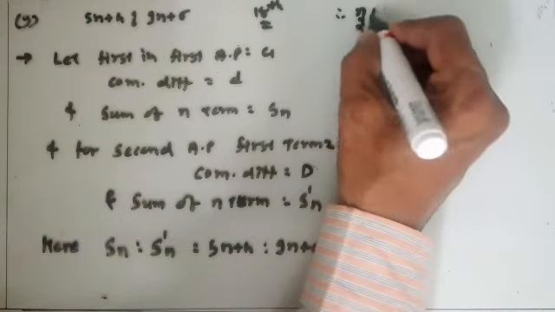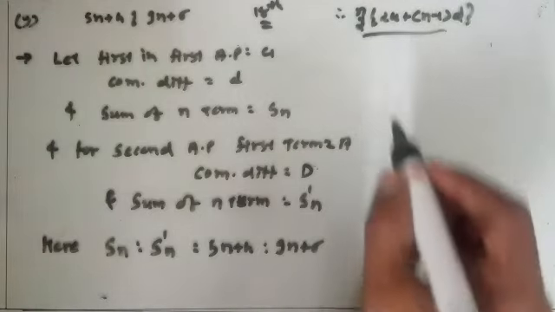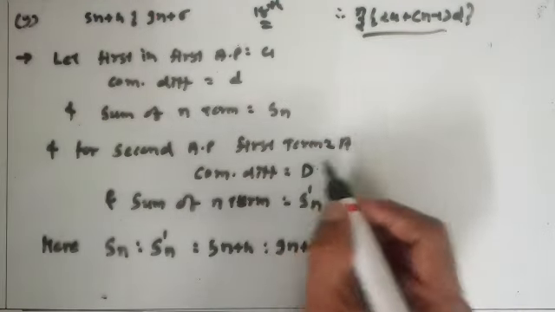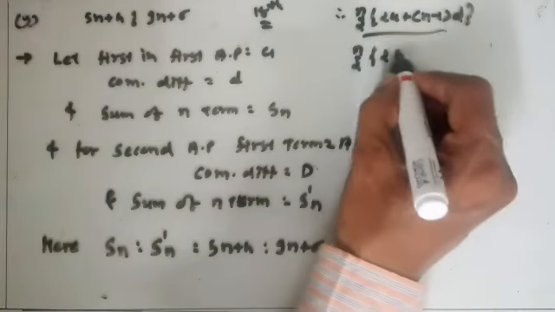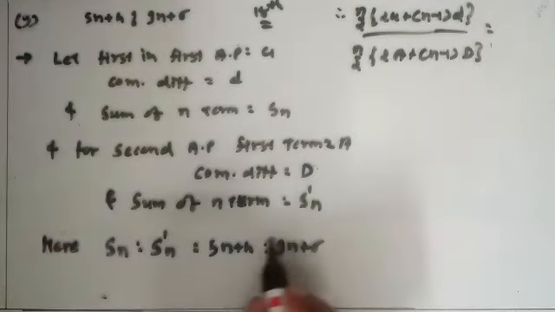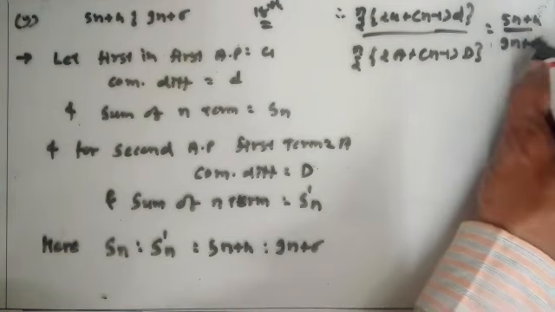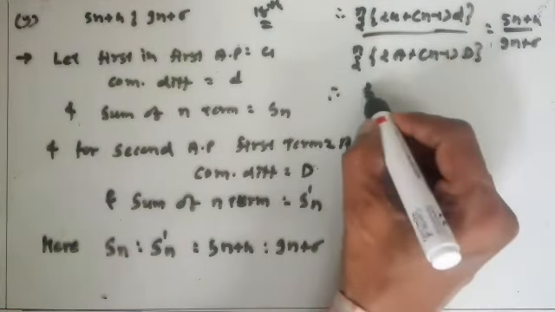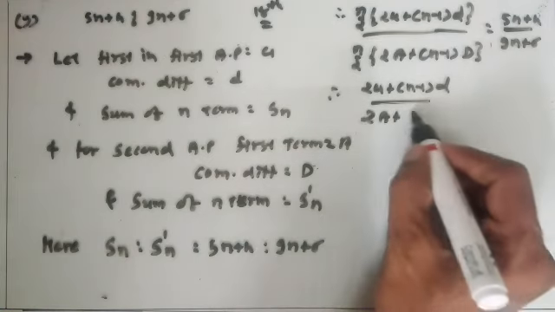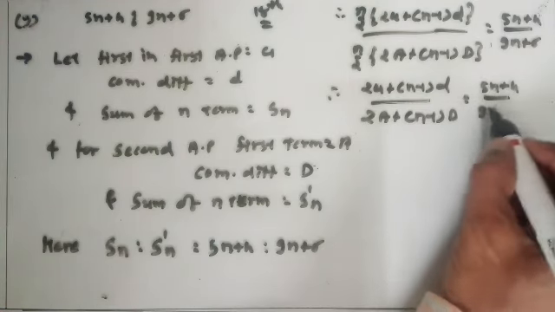So n by 2 into 2a plus n minus 1 into d, upon Sn dash, the sum of n terms of the second AP, which is n by 2 into 2 into capital A plus n minus 1 into capital D, is equal to 5n plus 4 upon 9n plus 6. Therefore n by 2 cancels from both, and we get 2a plus n minus 1 into d upon 2A plus n minus 1 into D equals 5n plus 4 upon 9n plus 6.